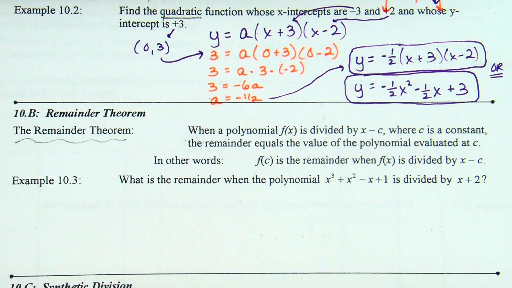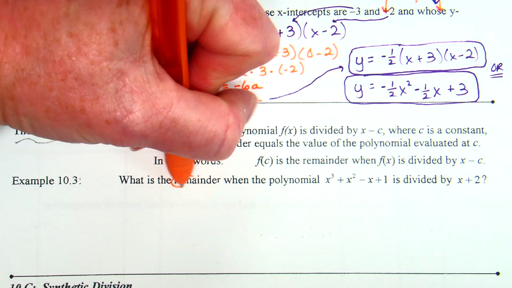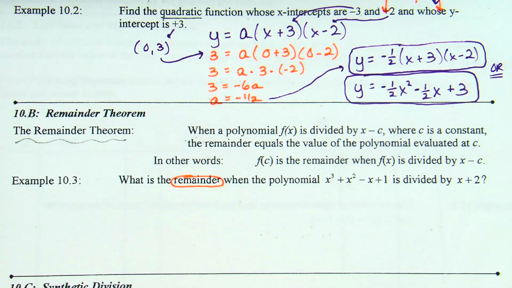In other words, f of c is the remainder when f of x is divided by x minus c. Now, that's all the fancy words, right? My example here says, what is the remainder when this polynomial is divided by x plus 2?